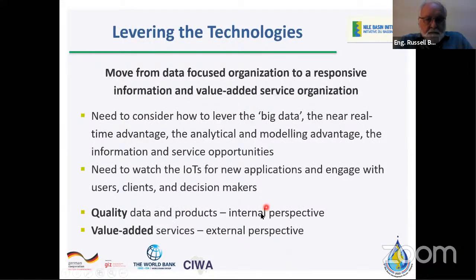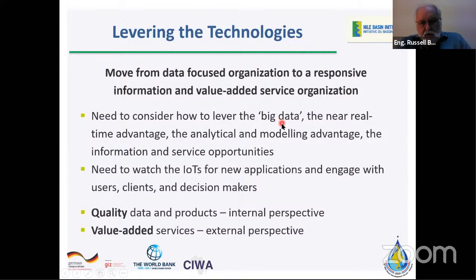We talked about leveraging technologies. My key message here is that we need to move from a data-focused organization, where we're just producing data, to an organization that is more responsive and focuses on information and value-added services, and use the technologies to help you.